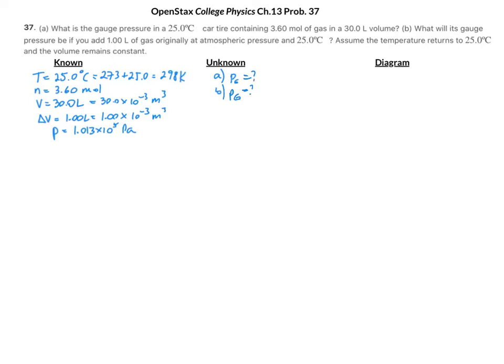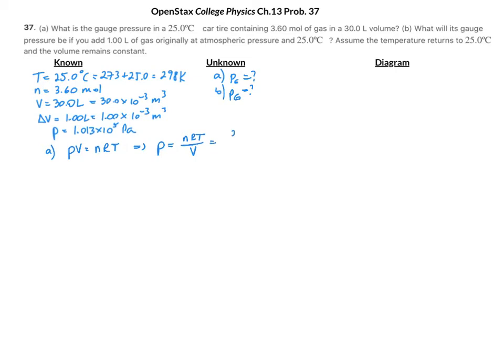All right, so we can start out with the ideal gas law. So PV equals nRT. And here we're looking for the pressure. That will be nRT divided by volume.